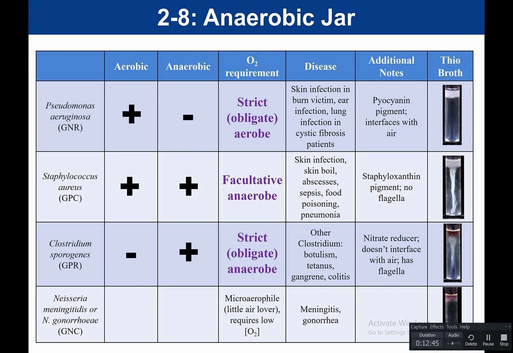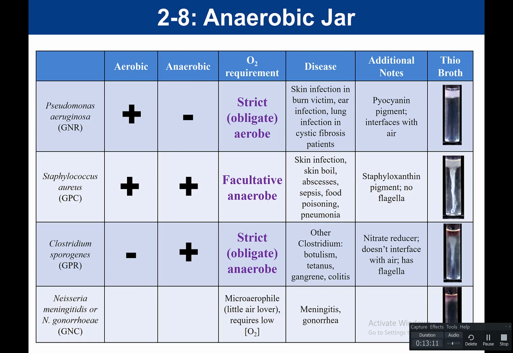And so for them, oxygen is toxic. So they can only grow in the anaerobic portion. Now, Clostridium sporogenes itself does not cause disease, but there are other Clostridium species that do cause disease, like botulism, tetanus, gangrene, colitis. Remember the inflammation of the colon that's caused by Clostridium difficile, C. diff.